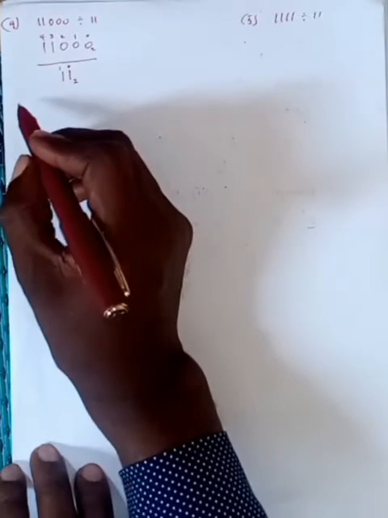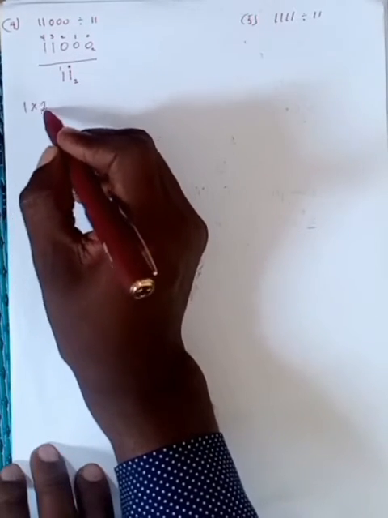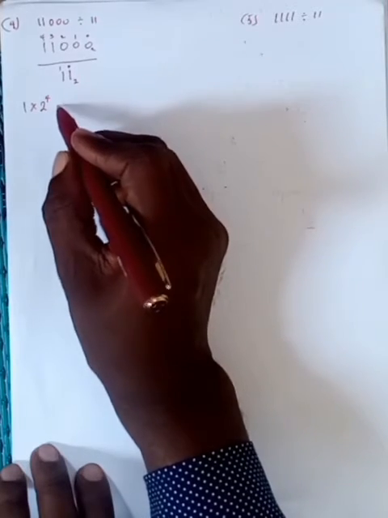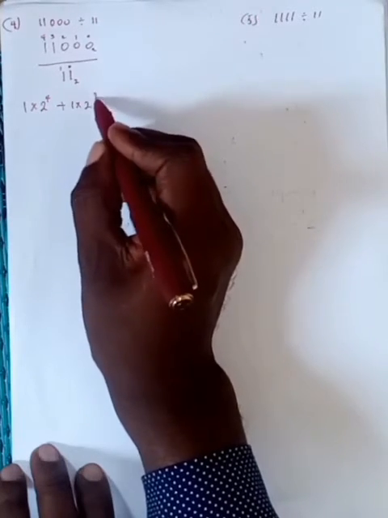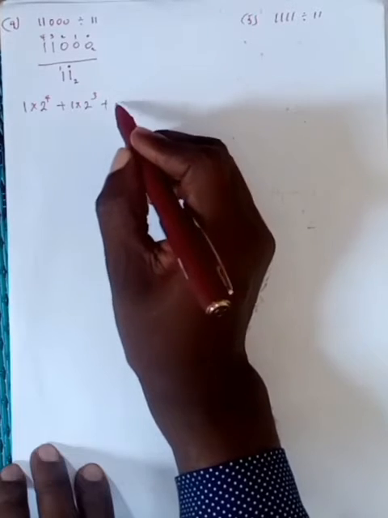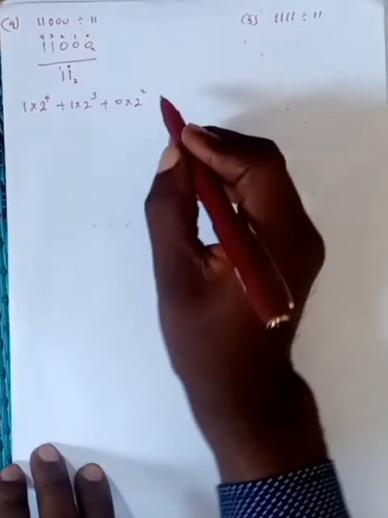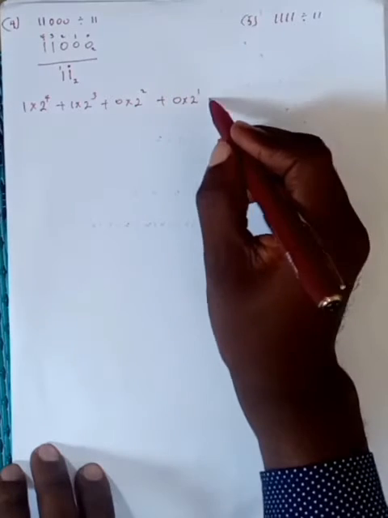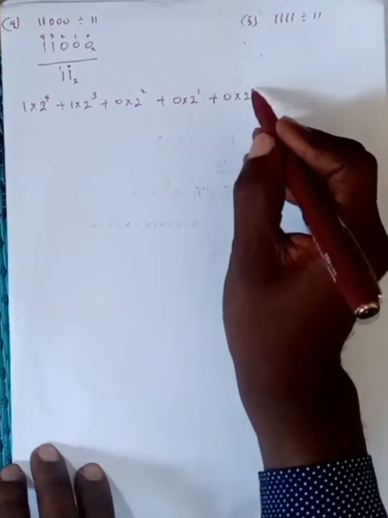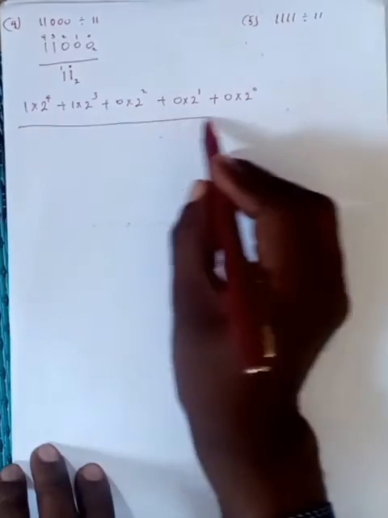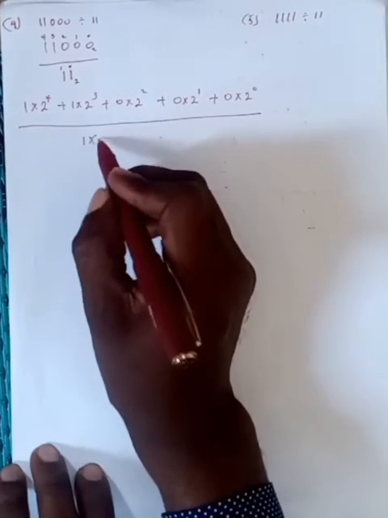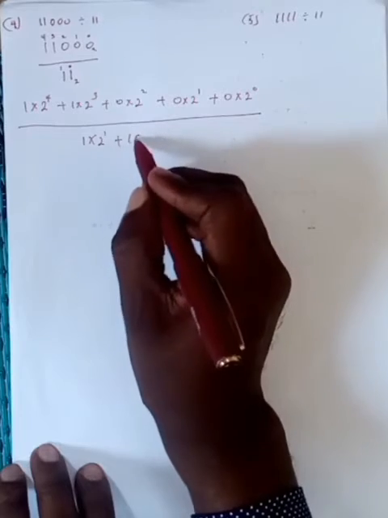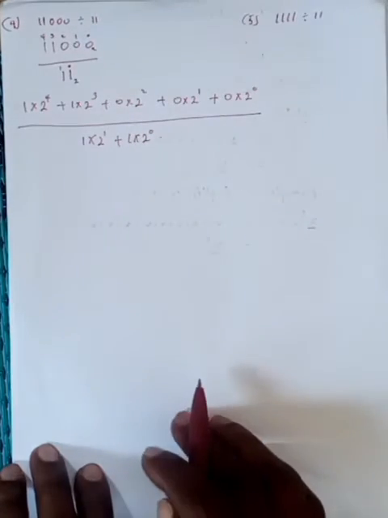So converting to base 10 becomes this: 1 times 2 raised to power 4 plus 1 times 2 raised to power 3 plus 0 times 2 raised to power 2 plus 0 times 2 raised to power 1 plus 0 times 2 raised to power 0, divided by 1 times 2 raised to power 1 plus 1 times 2 raised to power 0.